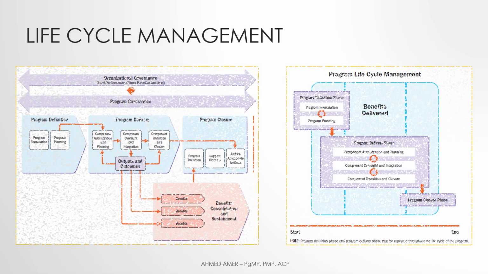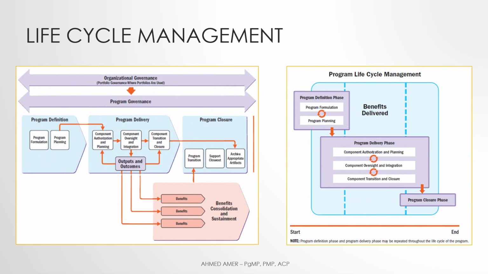PMI gives us two different figures in the 5th edition standard to demonstrate the three phases of the program life cycle. Just pause for a second and you will see that benefits delivery is front and center in every phase of the program life cycle.